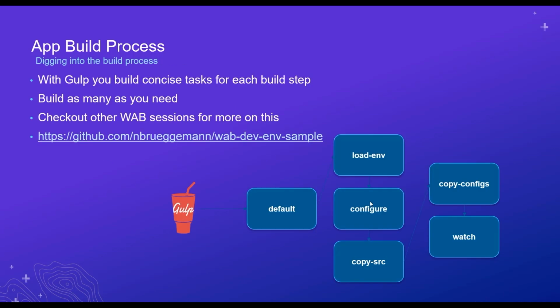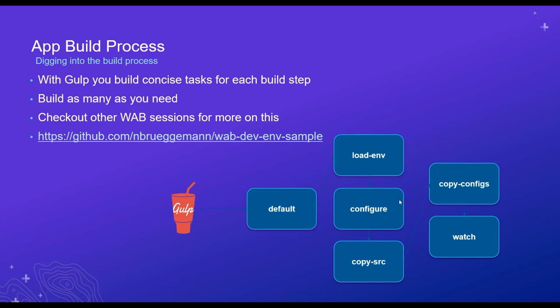As we built our build system in Gulp, we identified the steps that we needed to do to make our process work, and then we created Gulp tasks that would be responsible for different parts of that build process. Examples of different build tasks are outlined here.